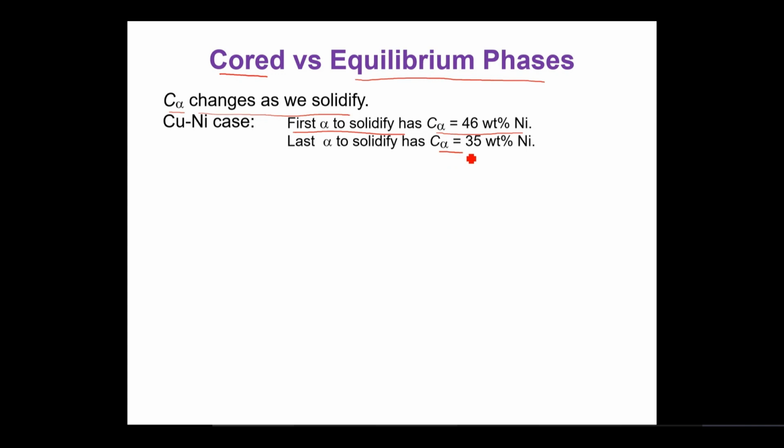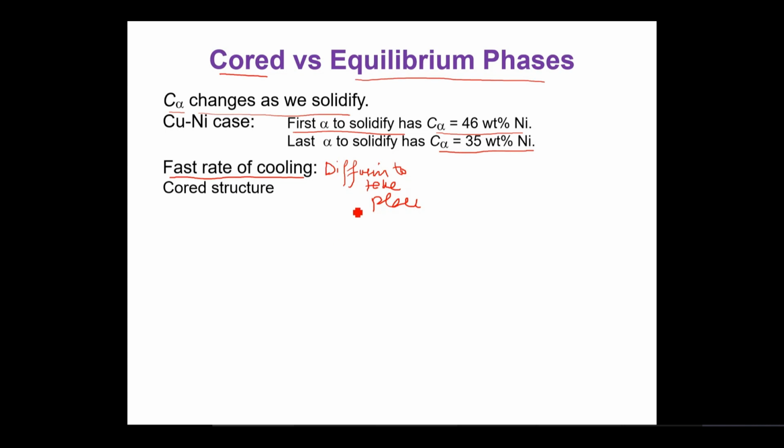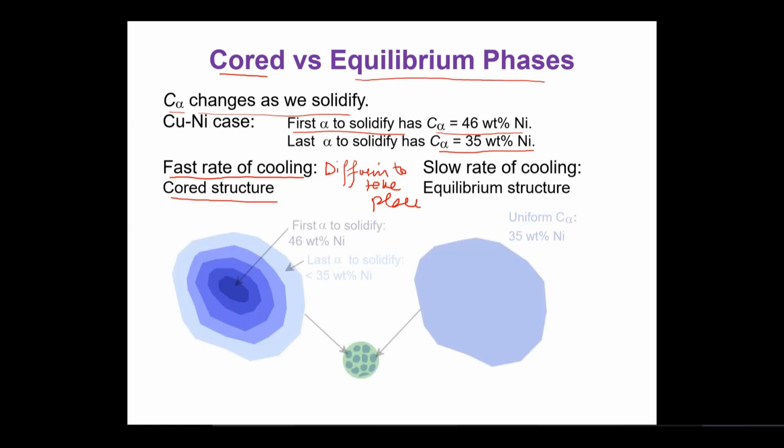The last alpha which solidifies has a composition of 35 weight% nickel. If you have a fast rate of cooling, you would not allow diffusion to take place. You are cooling very fast, so you will have a cored structure. What is meant by a cored structure? I'll tell you in a minute.